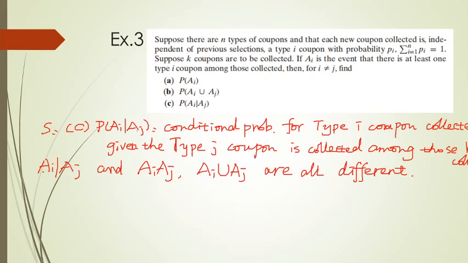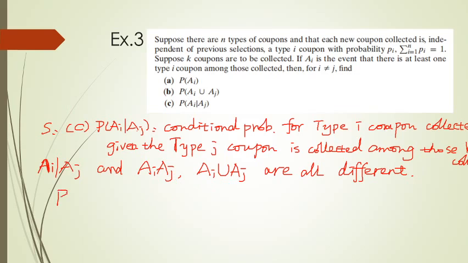The conditional probability, the type I is also included in the collected K coupons. The second one, AI and AJ, means both type I and type J coupon are collected among those K. This one means either type I or type J is included in the K collected. So try to understand the different interpretation for those events, okay?